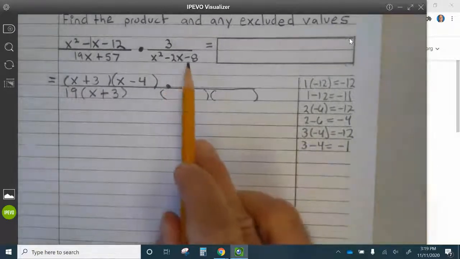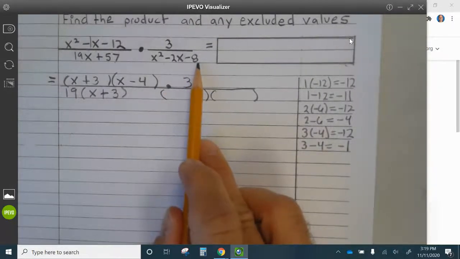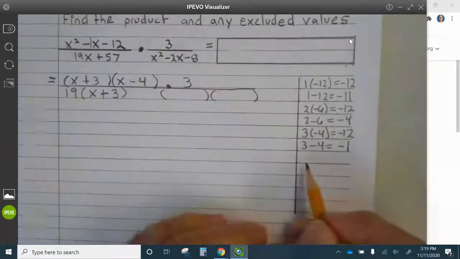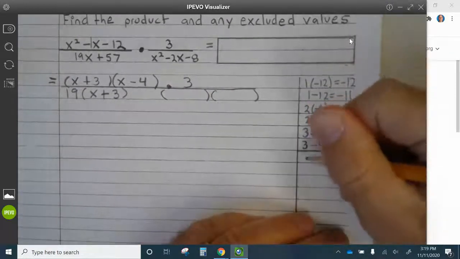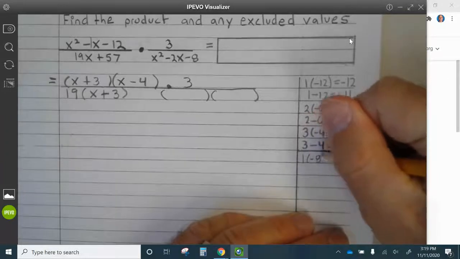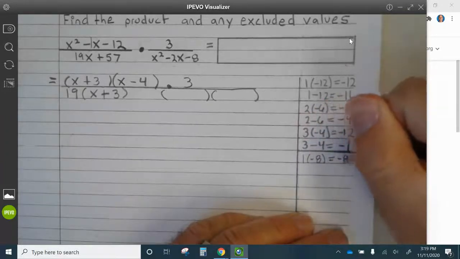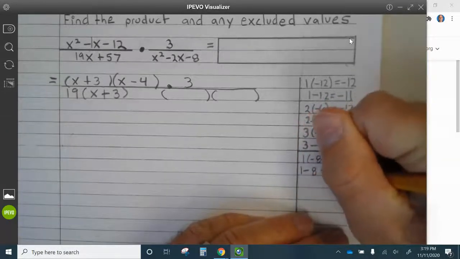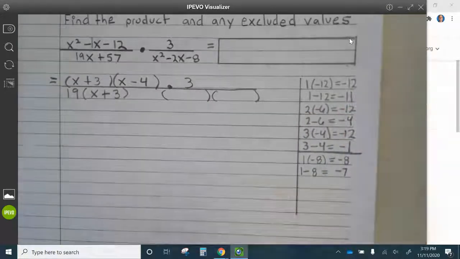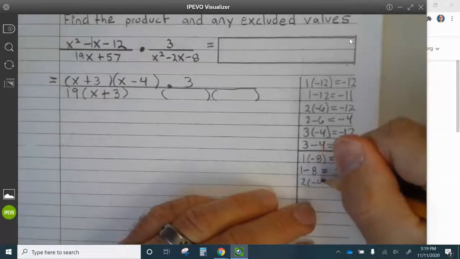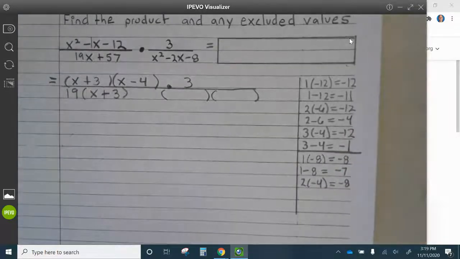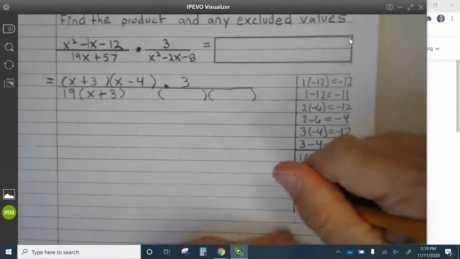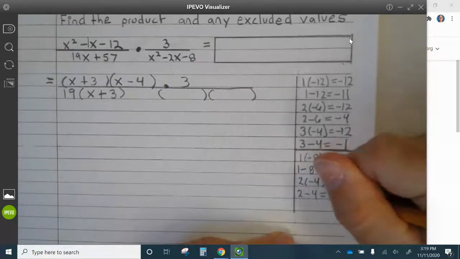Now we need to factor this. We need to find out what two numbers multiply to give you negative 8 and combine to be negative 2. So we know that 1 times negative 8 is negative 8. 1 minus 8 is negative 7. That doesn't work. 2 times negative 4 is negative 8. 2 minus 4 equals negative 2.